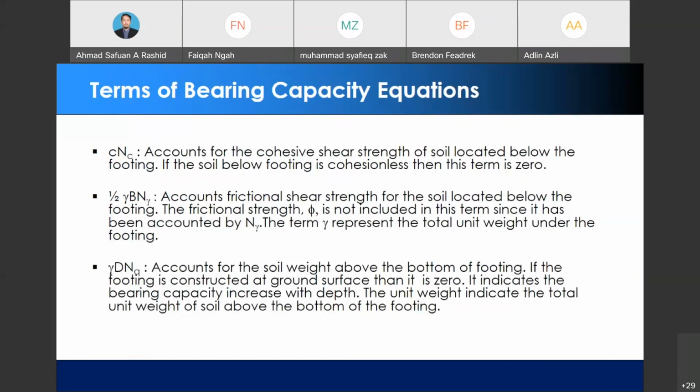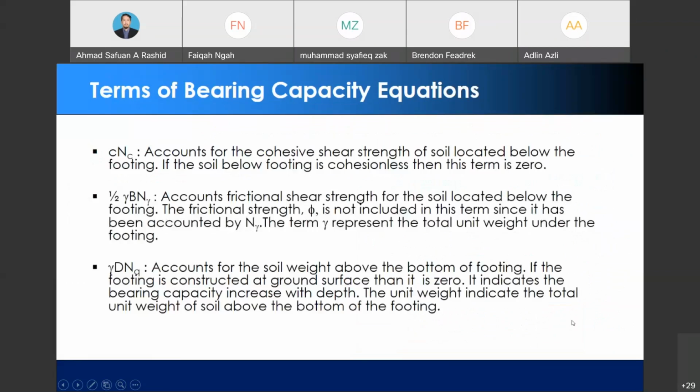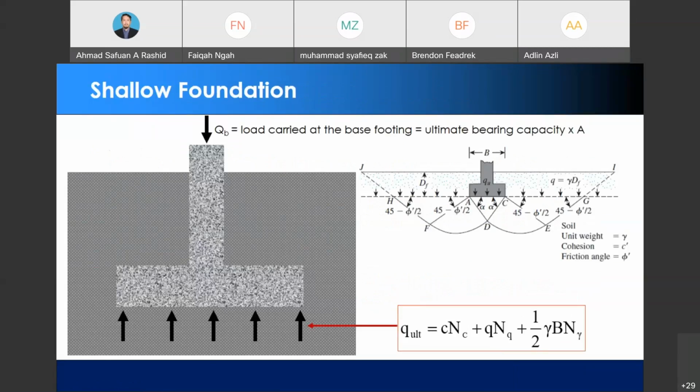And satu lagi, sorry, yang ini, q and Nq. Yang ini diambil pada soil from the top of the surface, the ground surface to the same level of the foundation.